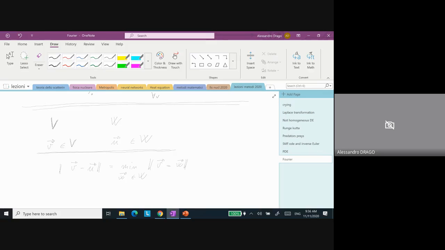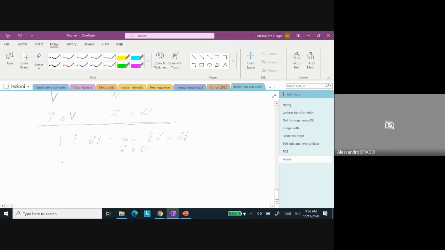But what we are really going to use is a little property, which is quite nice. One can demonstrate that this definition, I mean, the previous line, what does it mean that U is the best approximation to V, is equivalent to the following. Recall we have defined the scalar product inside these spaces.